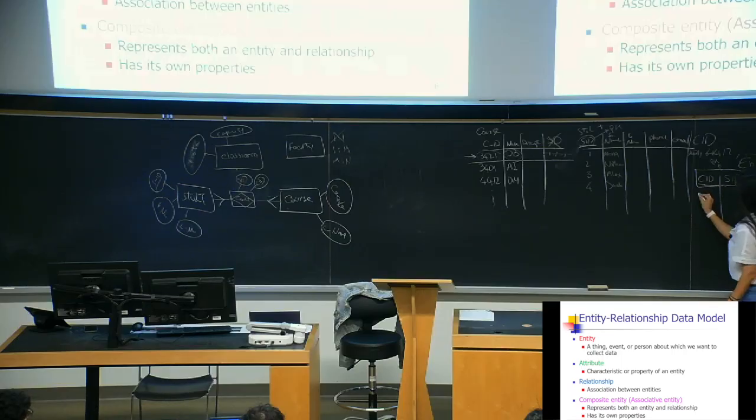So for instance, if you say this is 3421 and this is, I don't know, Alex, right? I just write the name because it's easier. You can think of it as a student number, okay? Now, can this row be repeated?